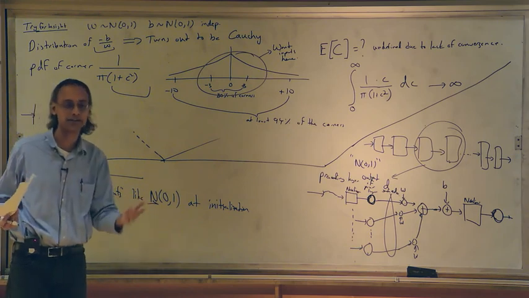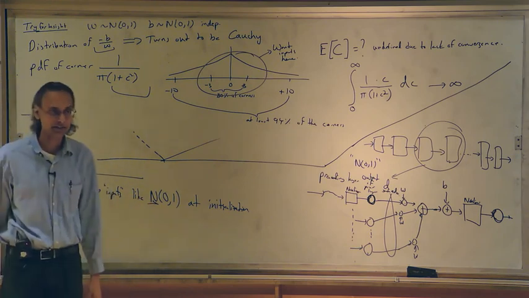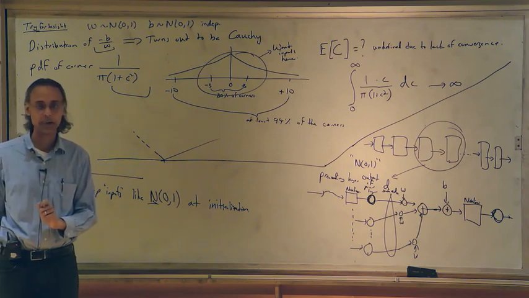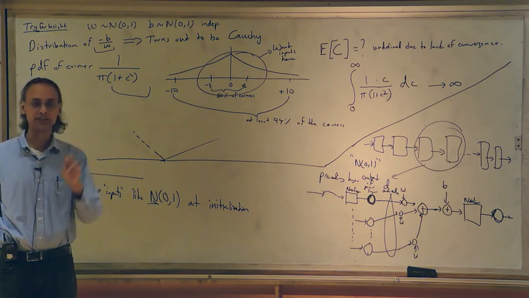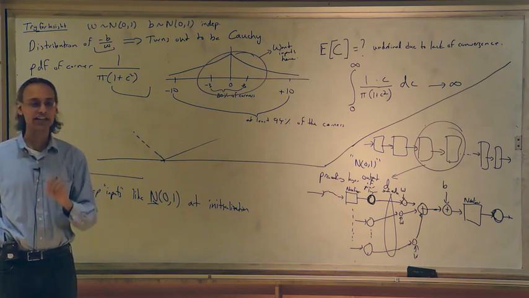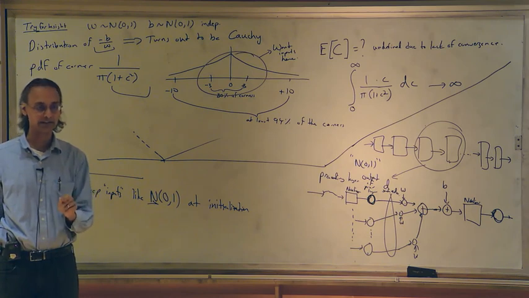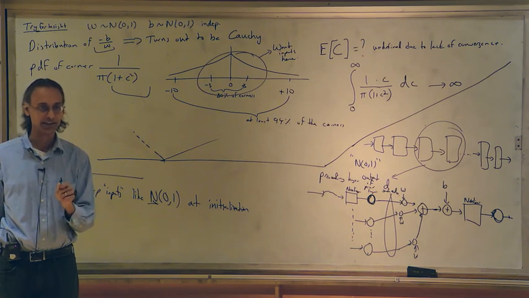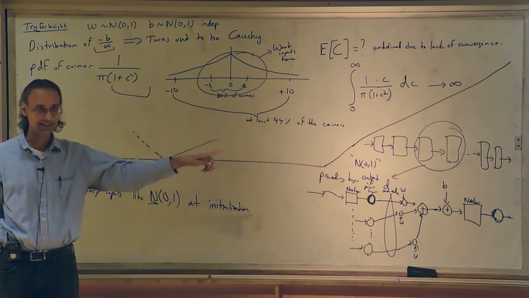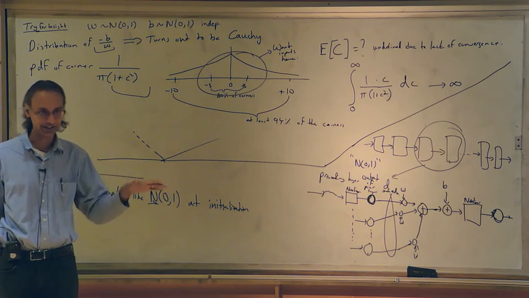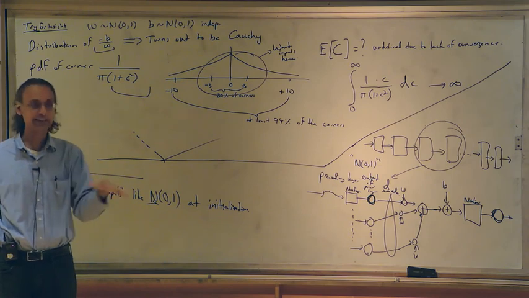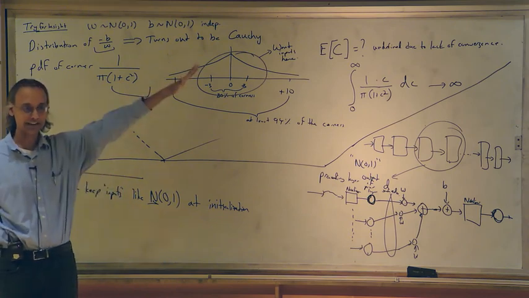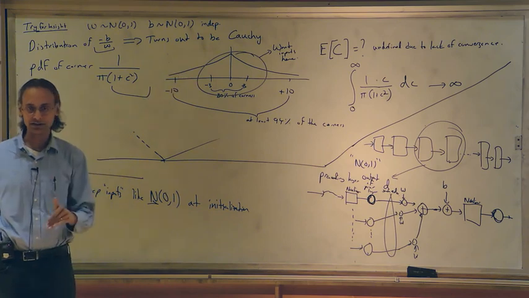Here's why 1 matters. 1's a very special number, because in the reals there's two numbers such that if you multiply by them repeatedly, you will stay in the same place. 1 times 1 times 1 times 1 times 1 is 1, and 0 times 0 times 0 is 0. Everything else, if you do it repeatedly, will either blow up to infinity or decay down to 0. Is that clear to everybody?